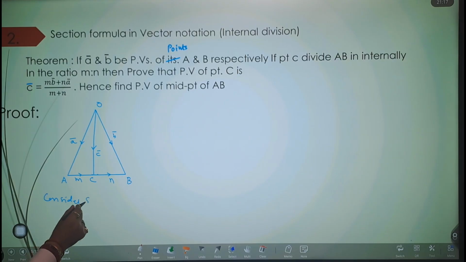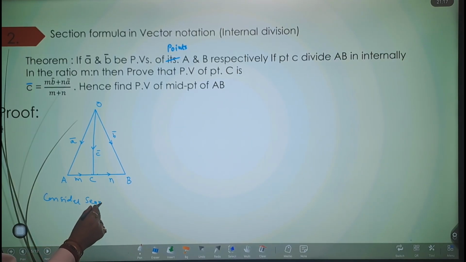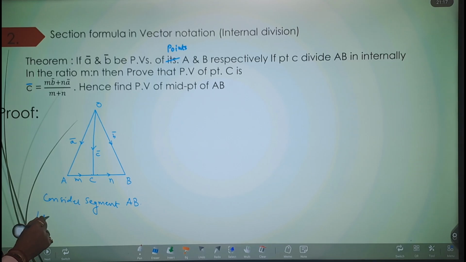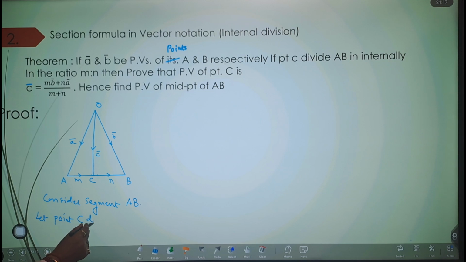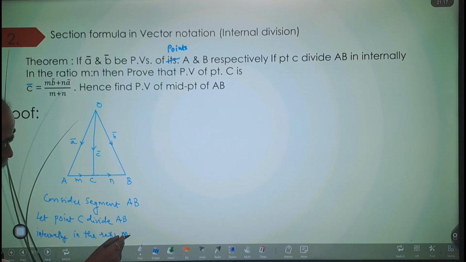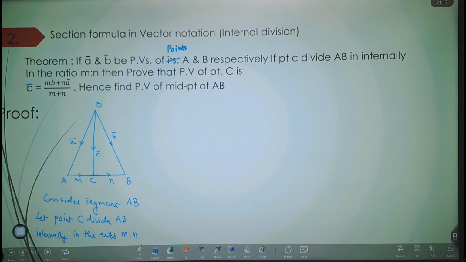Consider segment AB. Let point C divide AB internally in the ratio m:n.